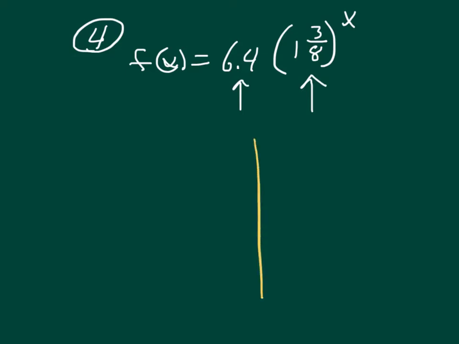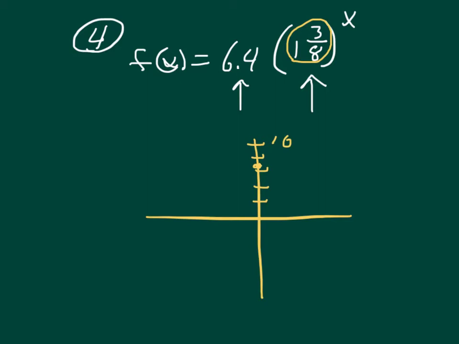So if we graph this function, let's say this is 2, 4, 6, 8, 10. So 6.4, let's say, is about right there. And it's going to cross right there. Now, because this number right here is greater than 1, that means it's going to be a growth.